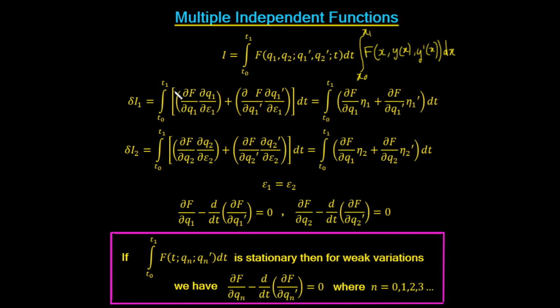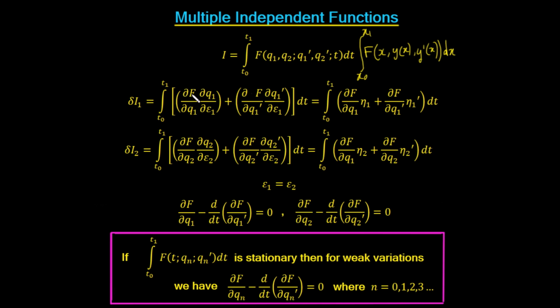So we could have the extremum here, I, and we can look at the change in the extremum. So this is going to be delta I1, and it's going to be the integral from t0 to t1 by dt, and we differentiate the functional here with respect to epsilon 1. Our epsilon 1 here is what we use in order to add on the variation. So we'd have to use the chain rule for differentiation.